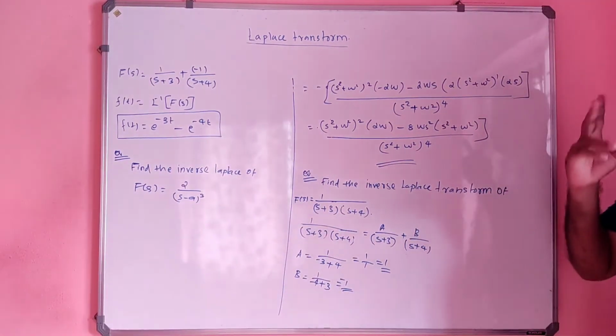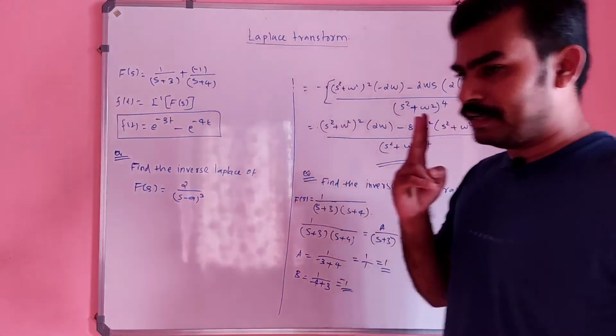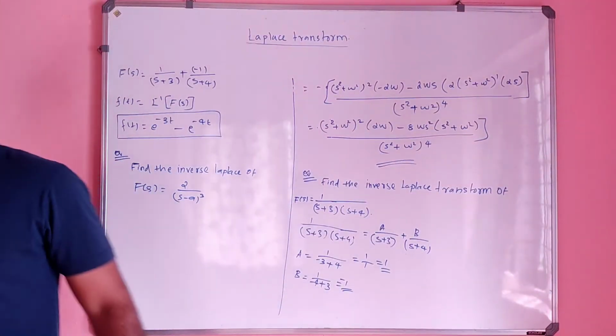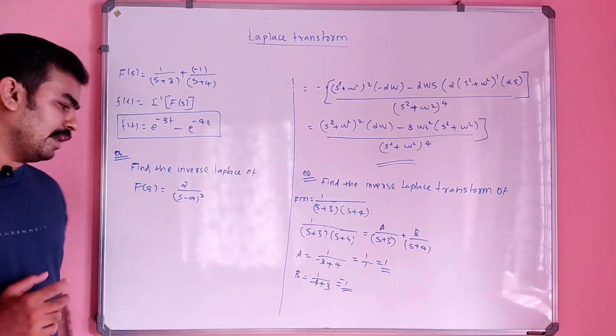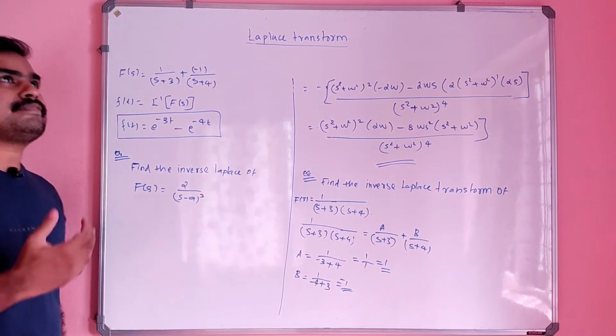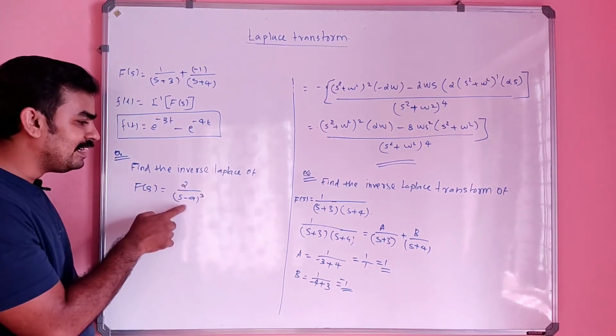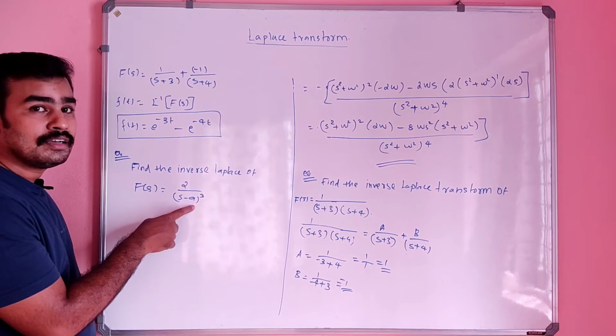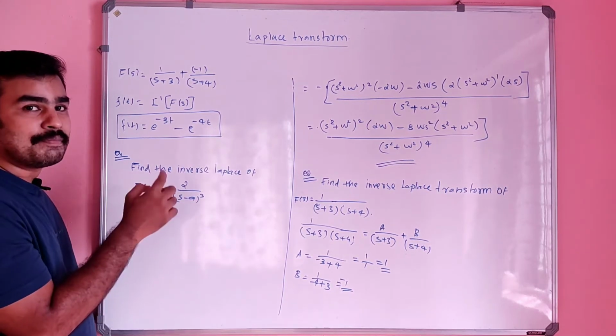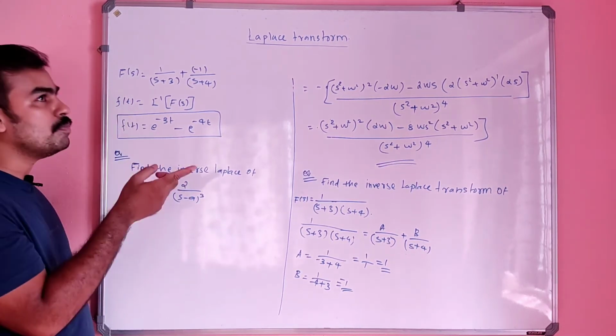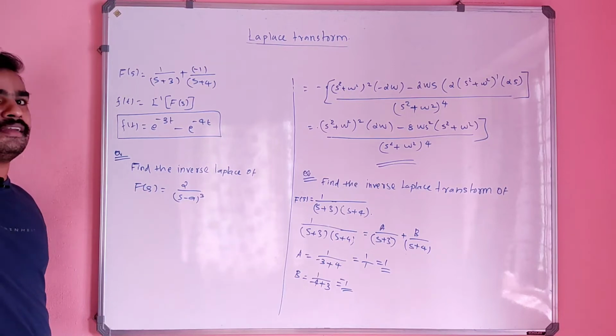So you have to think two things in your mind, or two equations in your mind. What is the Laplace transform of 2 by t cube? If the Laplace transform is 2 by s cube, then what will be its time domain?